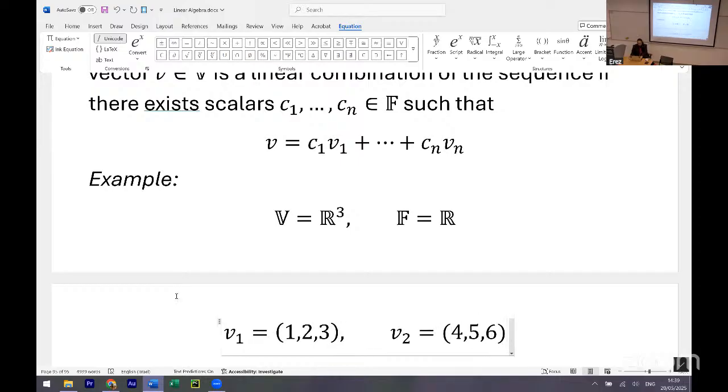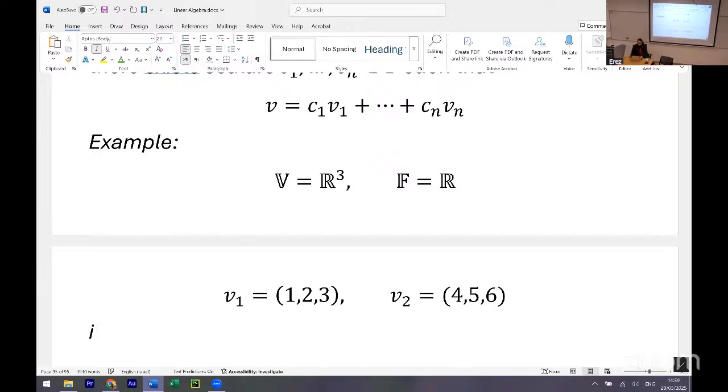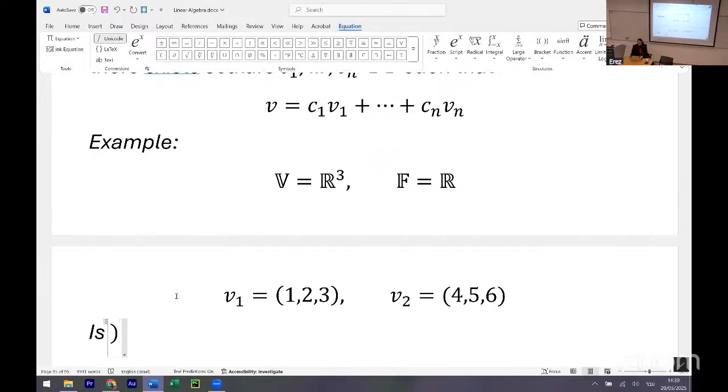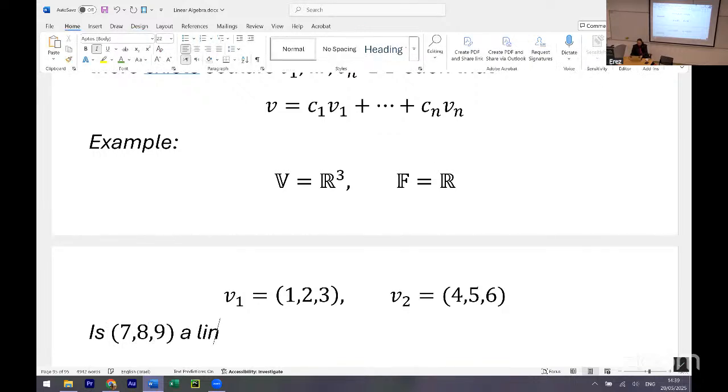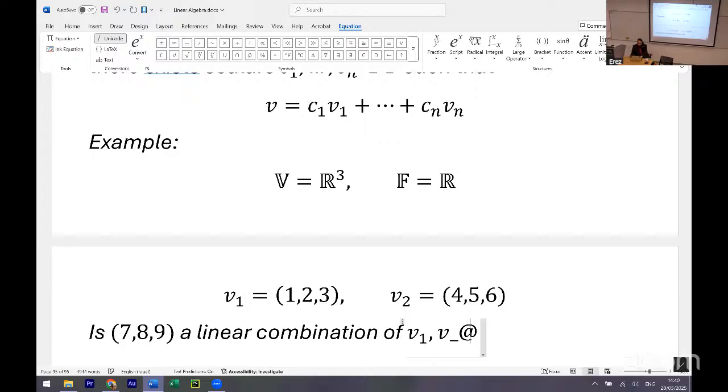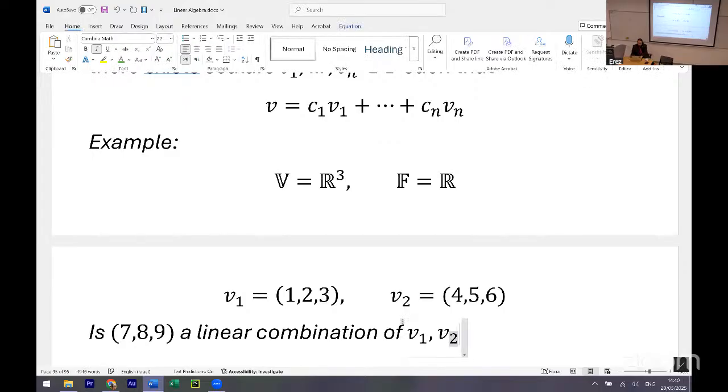Agreed? Is (7, 8, 9) a linear combination of v1 and v2? What do you say?